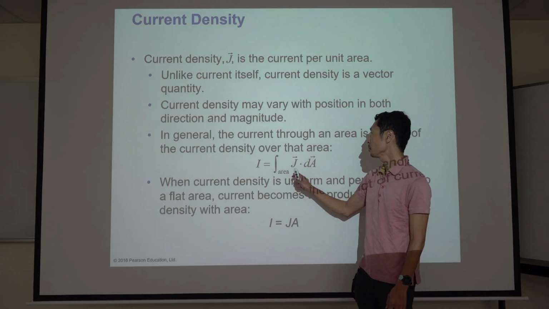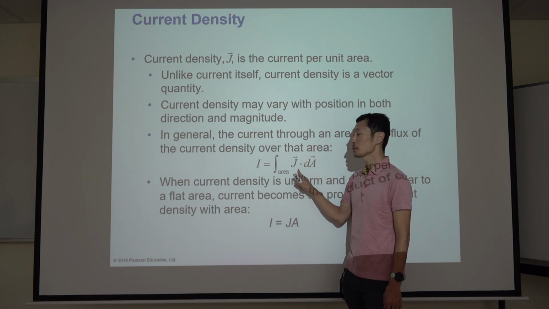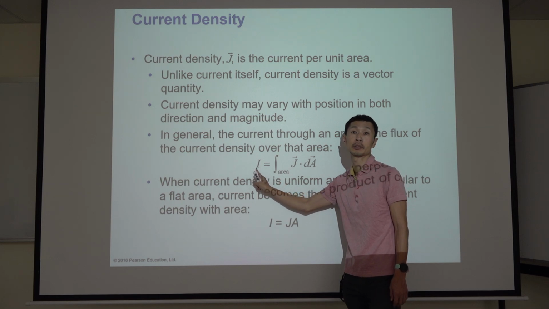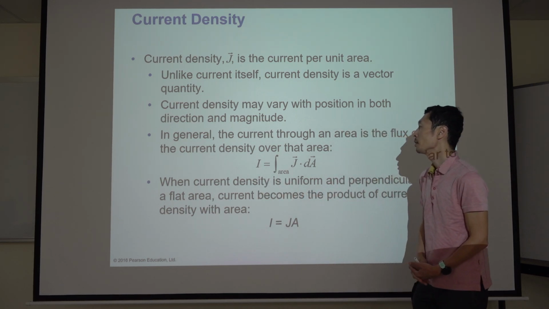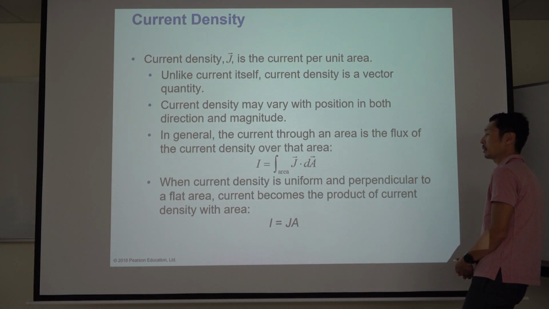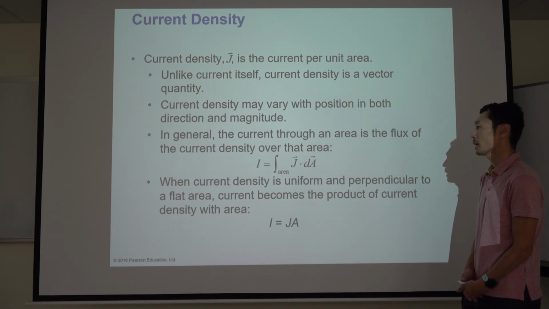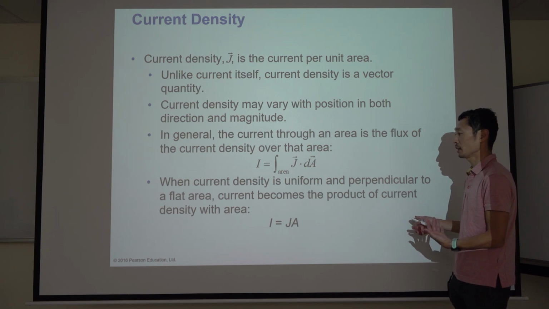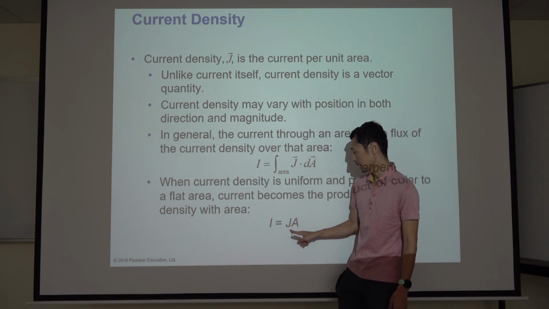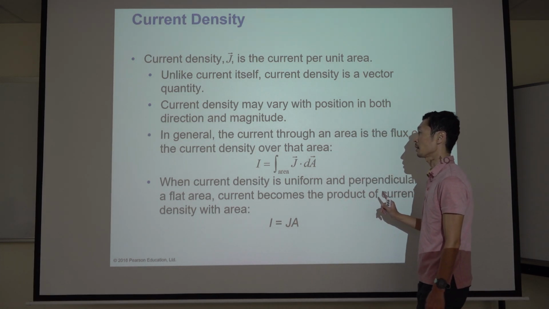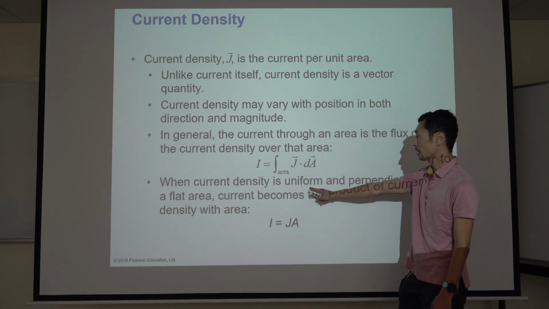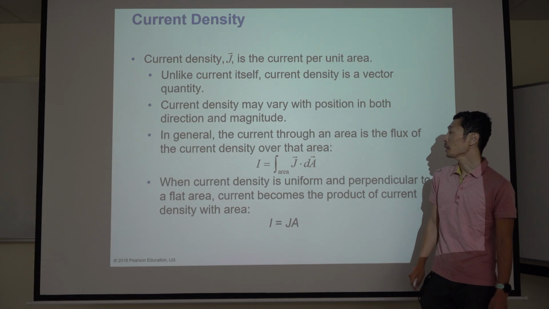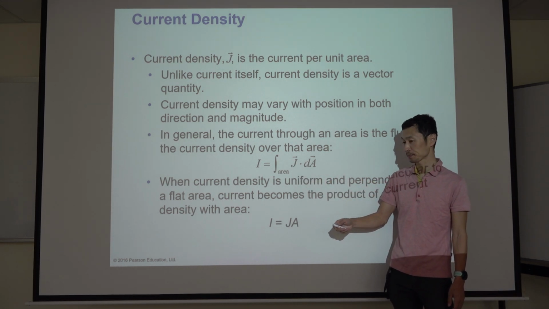So if you multiply or integrate the current density by area, then you get the total current. When the current density is uniform and perpendicular to the flat area, the current becomes the product of the current density with area. So I equals J times A, if the current density J is uniform and perpendicular. Otherwise, you have to integrate.